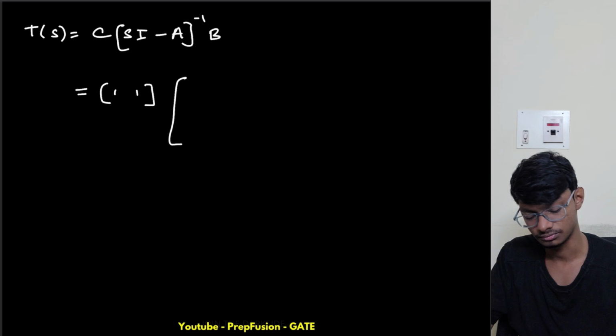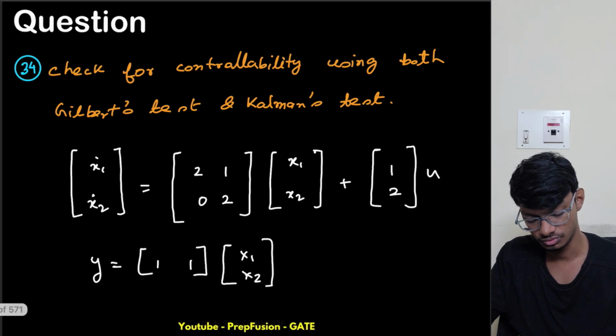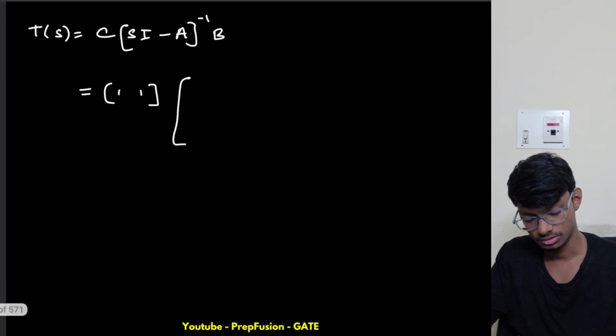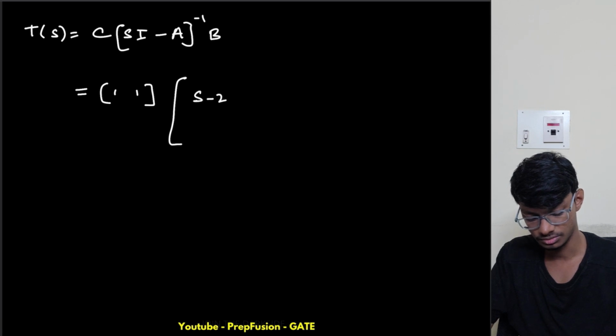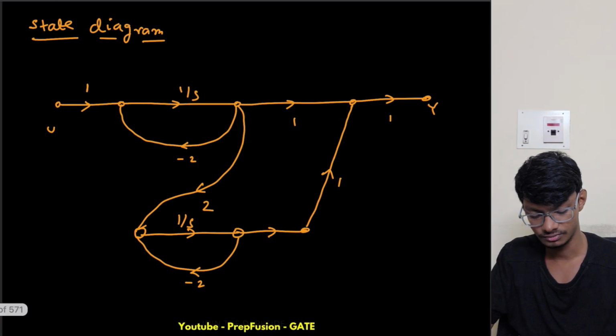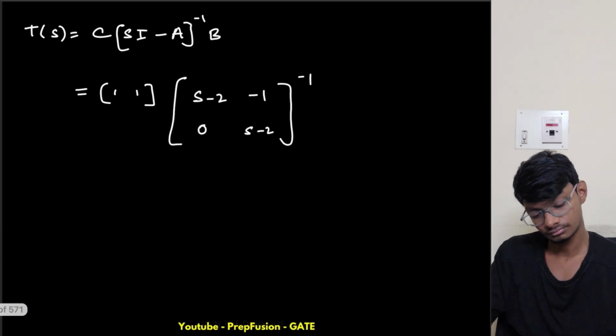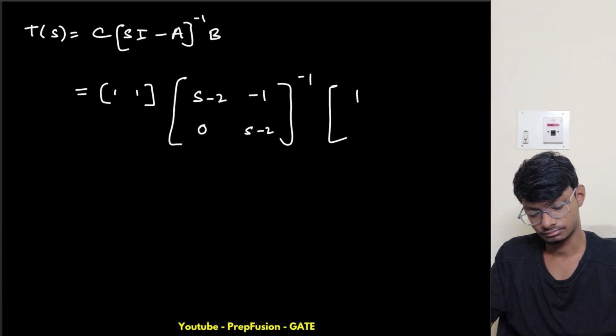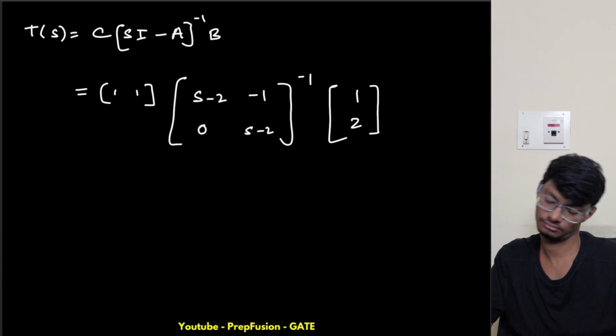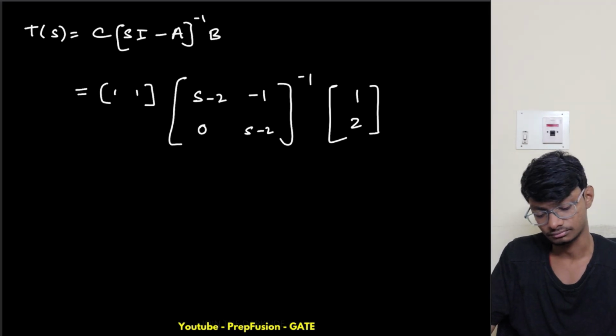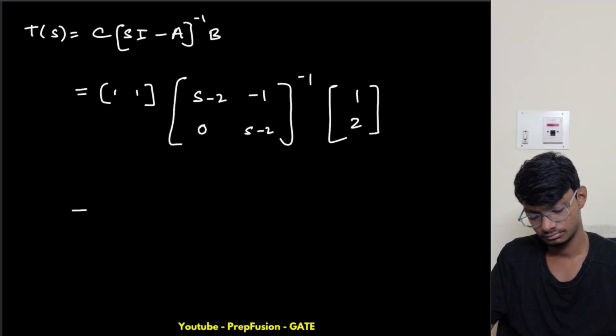Let's solve for this one. So this is like 2 1 0 2. So this will be s minus 2, minus 1, 0, s minus 2, and this is the whole inverse. And what is B? B is 1 2.